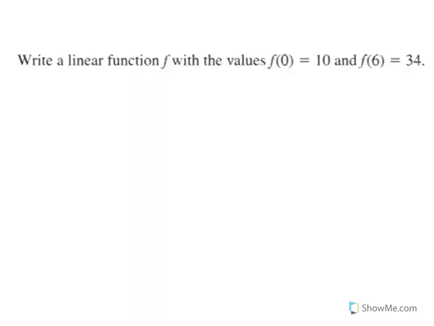Let's try another one. Okay, now these look different. I don't think you actually see any of these on your assignment today, but you could in the future. Remember that this is f of x, right? So really, the 0 is your x and the 10 is your y, is what this is saying.